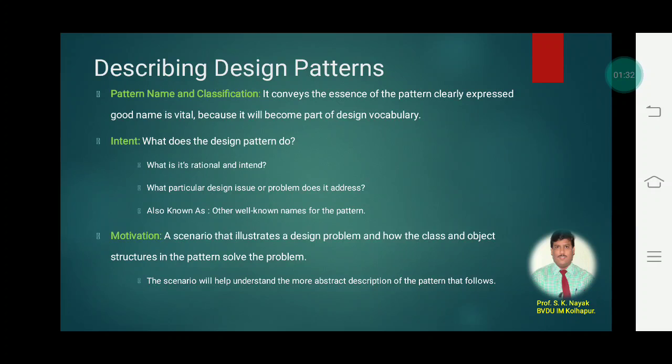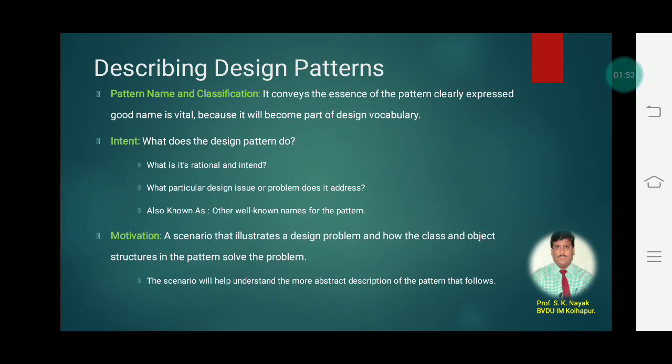What motivation does a design pattern carry? A scenario that illustrates a design problem and how the class and object structures in a pattern solve the problem. This motivates the programmer, or the software engineer, to use the design pattern.